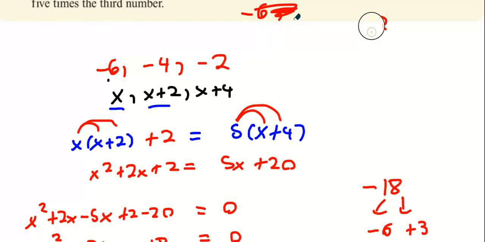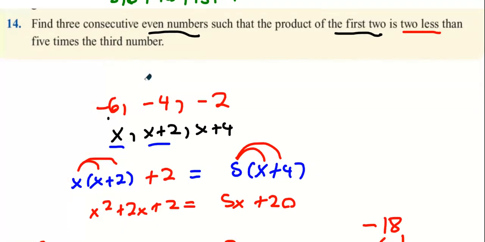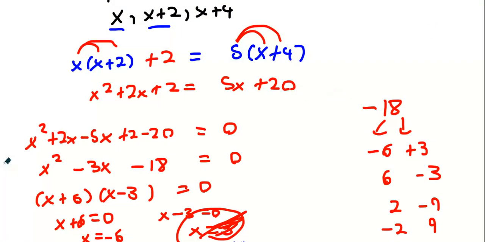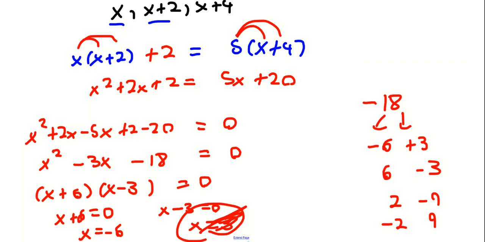And now we're going to test out the description of the question. 5 times the third number. I think we've gone wrong somewhere here, guys. Guys, stupid mistake by Mr. Kenny.